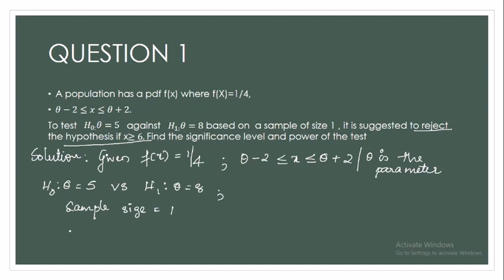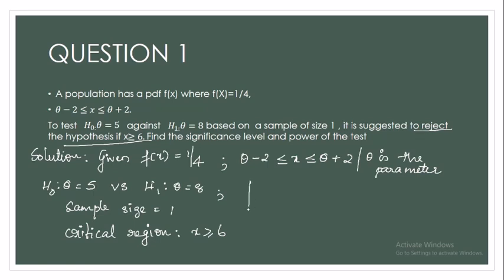So we will have to reject the hypothesis if x is greater than or equal to 6. Now what does that mean? That is your critical region. Now what is your critical region? Your critical region is x greater than or equal to 6.